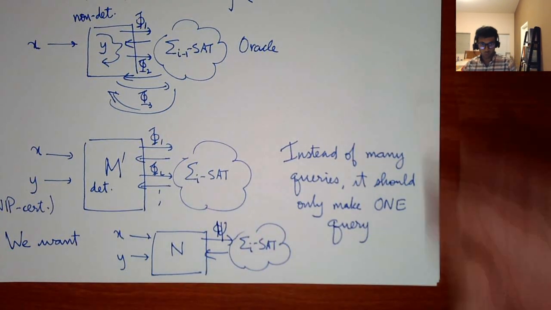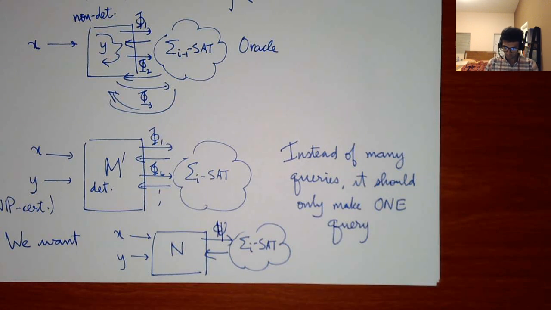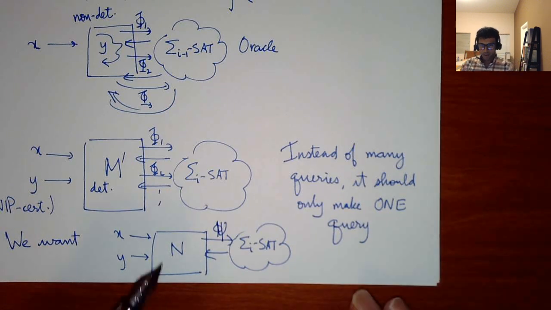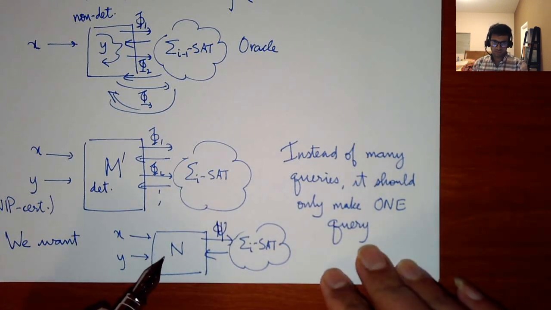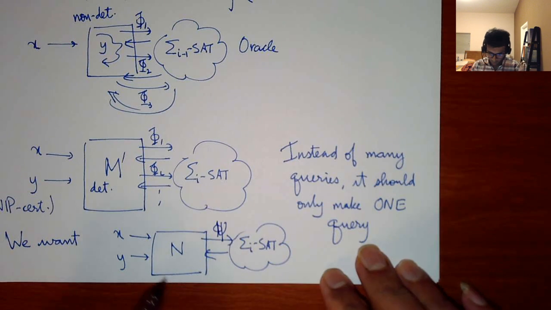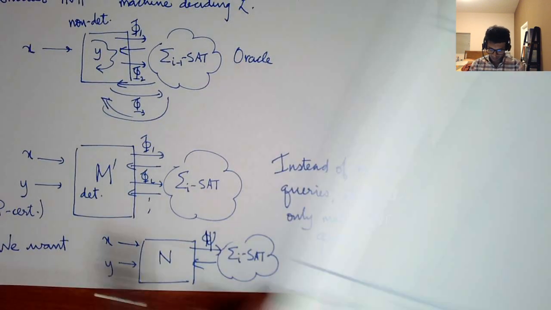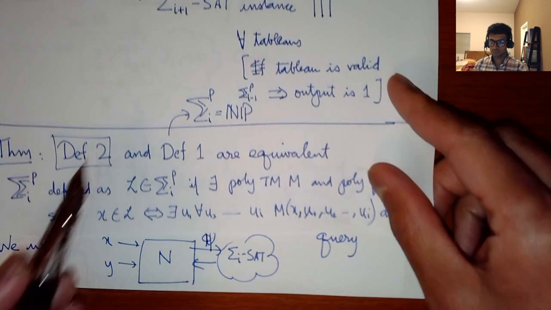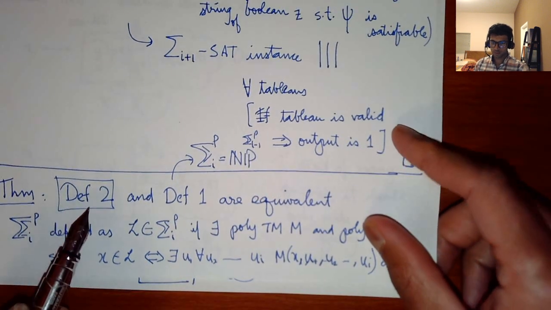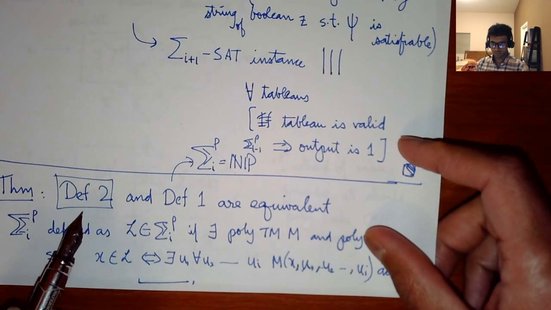Because if it makes one query, then we could write this as definition 2.